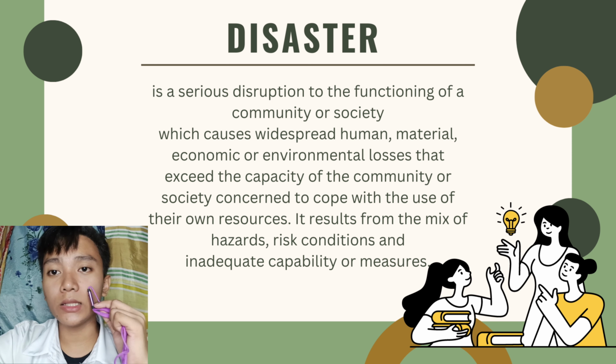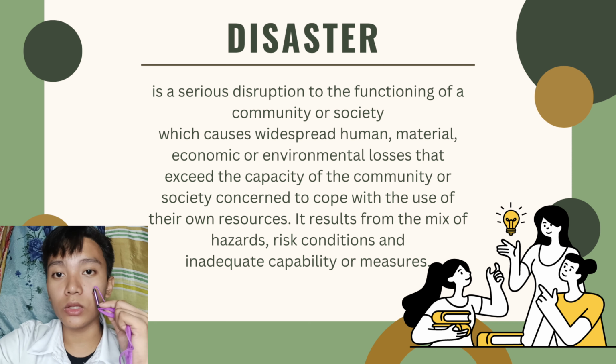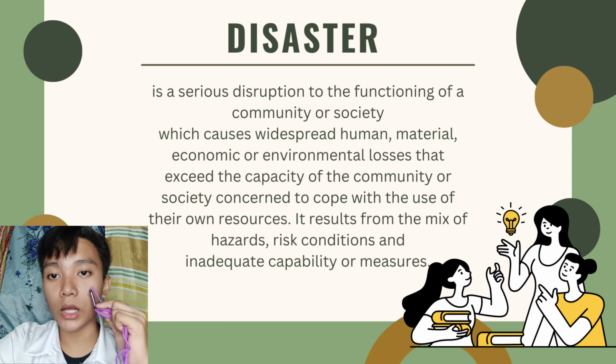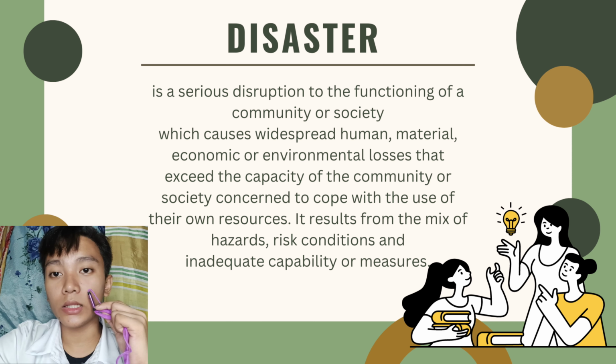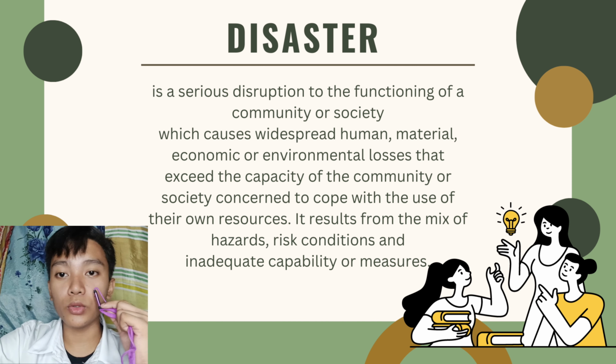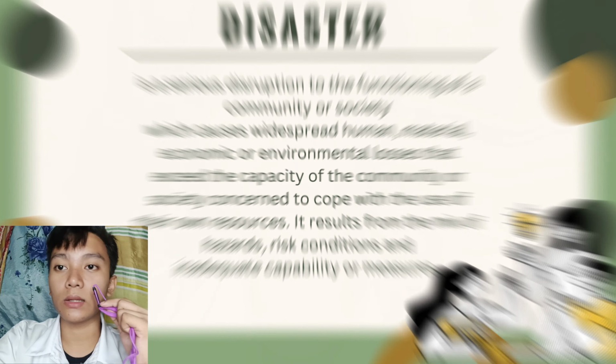Now, a disaster is a significant interruption of a community or society's ability to operate that results in significant human, material, economic, or environmental losses that are greater than what the afflicted community or society is able to recover from using its own resources. In summary, hazards are events or conditions that have the potential to cause harm or damage.